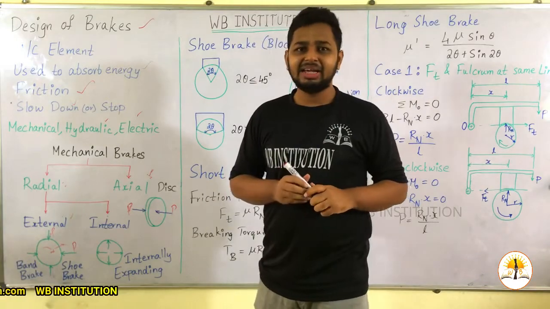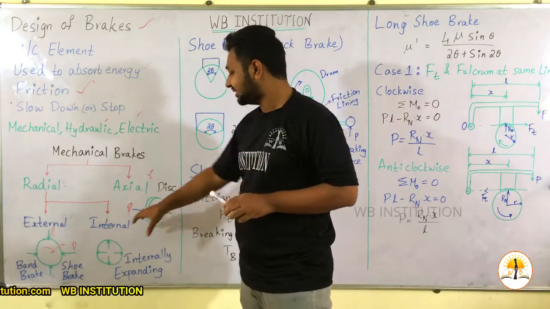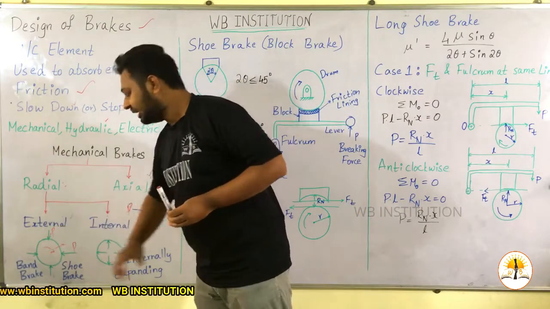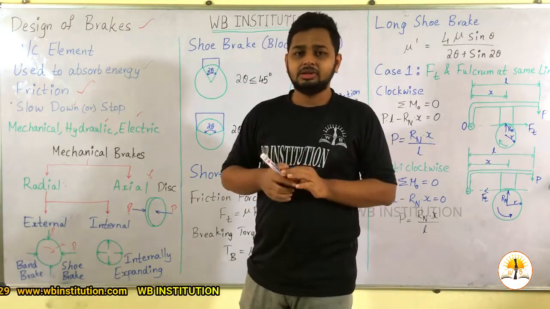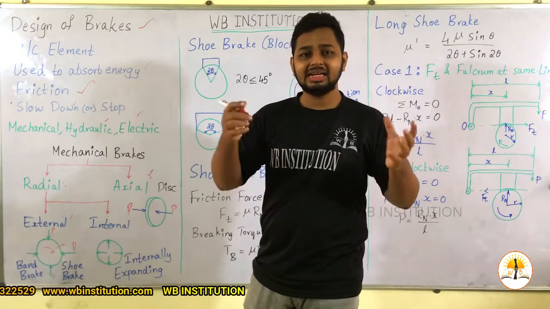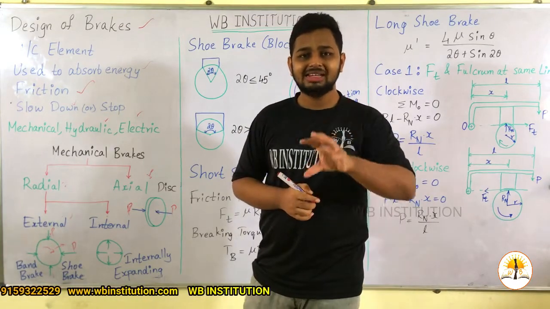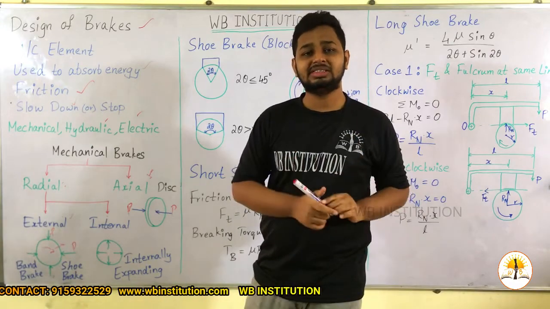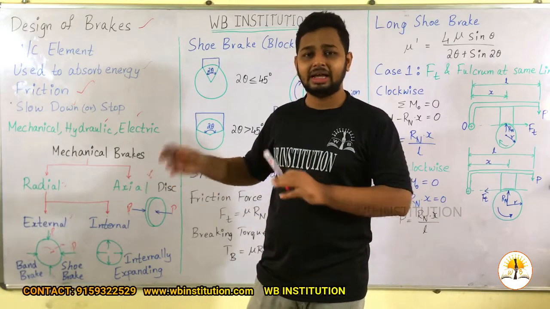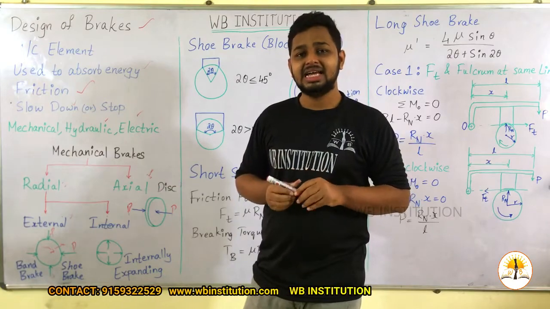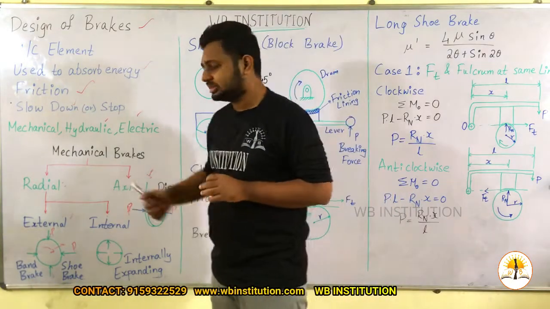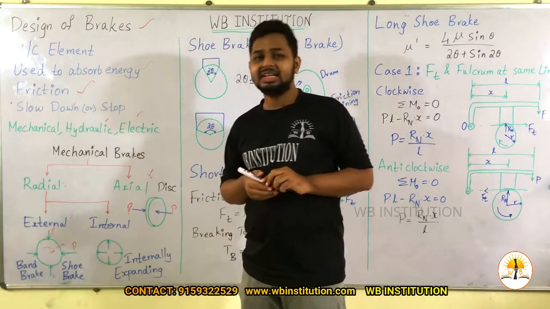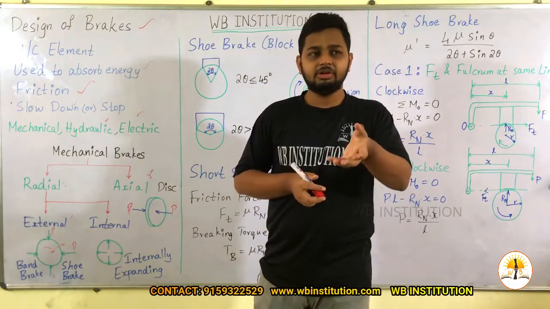Now let us look at practical applications of these three types of brakes. An example of external brakes is a train. In a train we can see an external force acting on the wheels so that the speed of the train reduces. That force is known as an external radial force. An example of internal radial brakes is a truck.